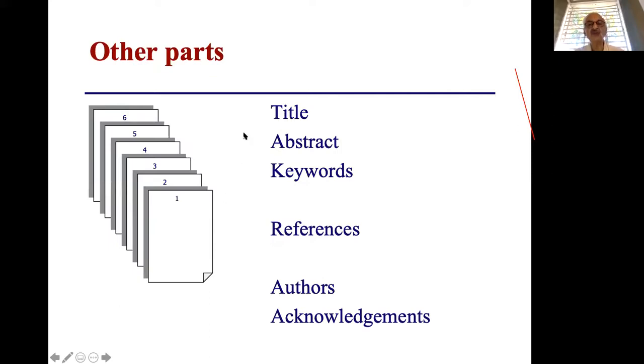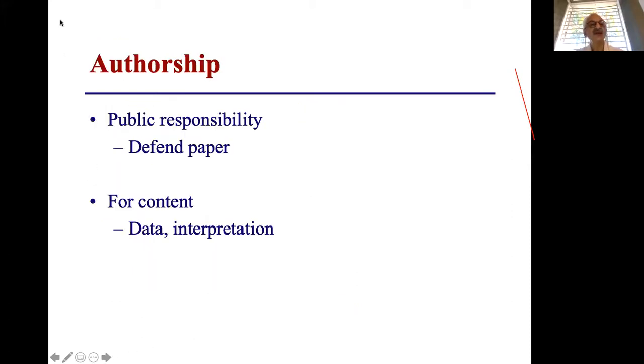There are other parts to a paper. I'm not going to discuss each one of these. There's a title, there's the abstract, keywords for some journals, references, authors, and acknowledgements, but I'll touch upon some of these. The most important of these is authorship.